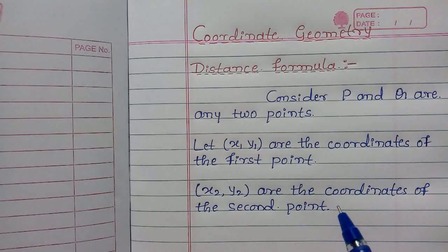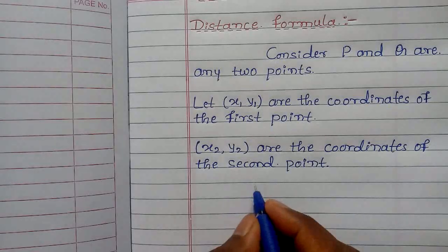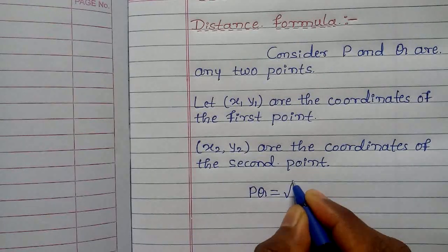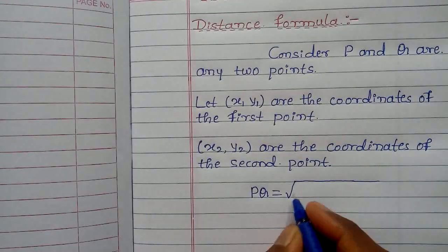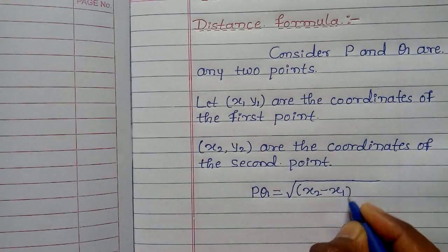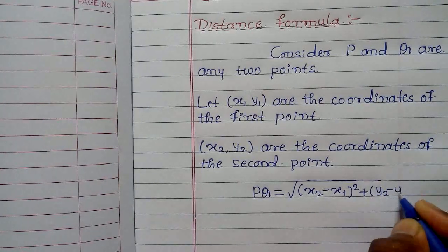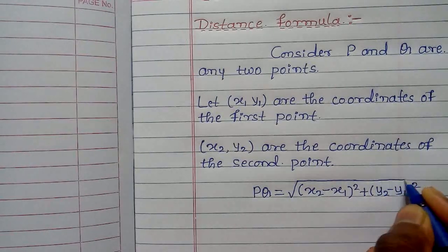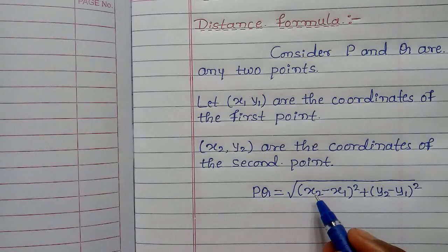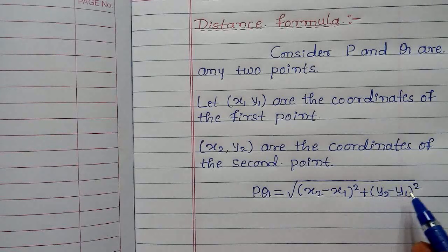Now the distance between the points P and Q, PQ, is equal to the square root of (x2 minus x1) whole square plus (y2 minus y1) whole square.